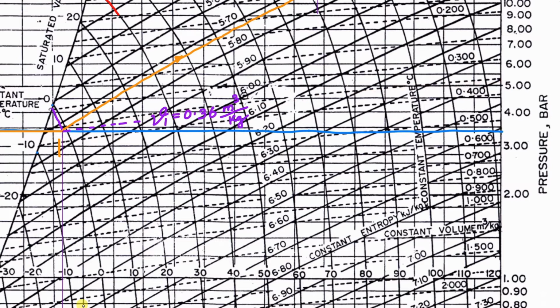This is 0.3 and this is 0.4. So this dotted line will be 0.5, and this point 1 is slightly below this. So we have considered the specific volume of point 1 as 0.36 meter cube per kg. Now obviously this is the chart method, so there will be some variation when we calculate the answers. That is fine, but the variation should not be large.